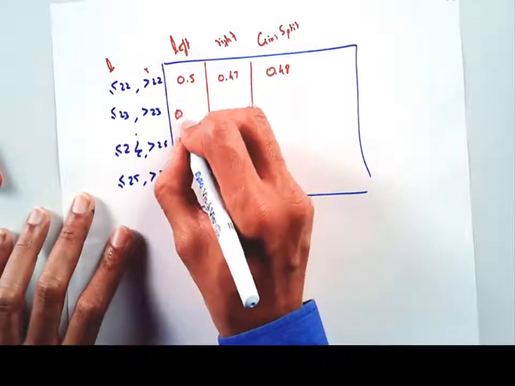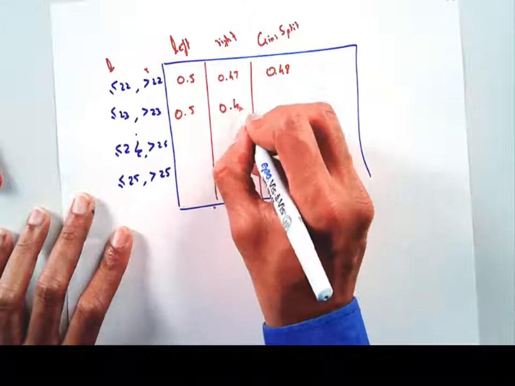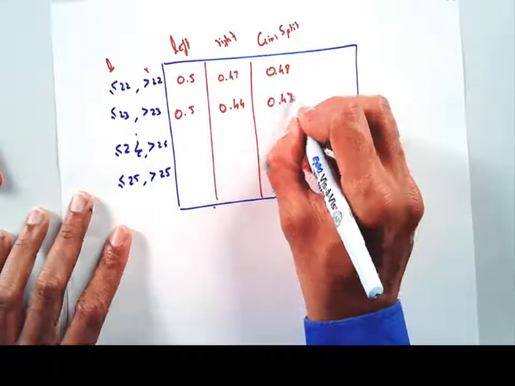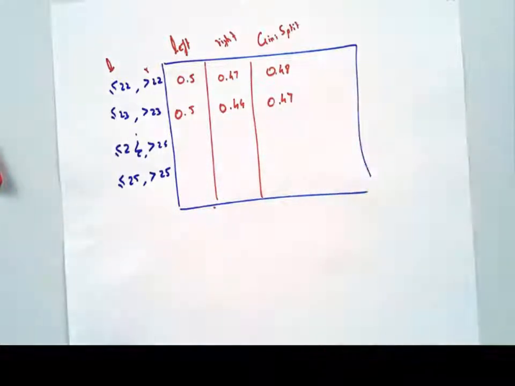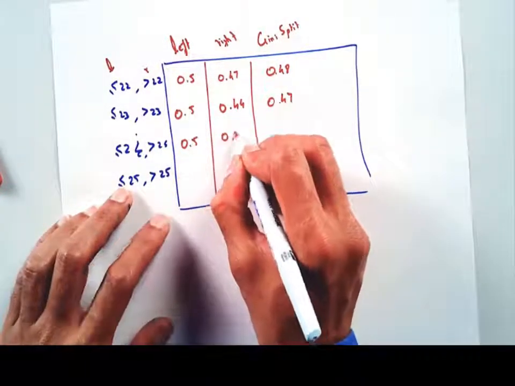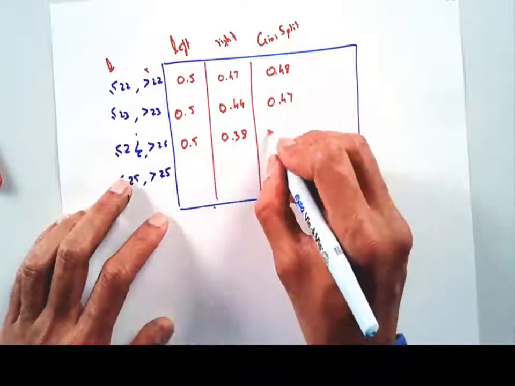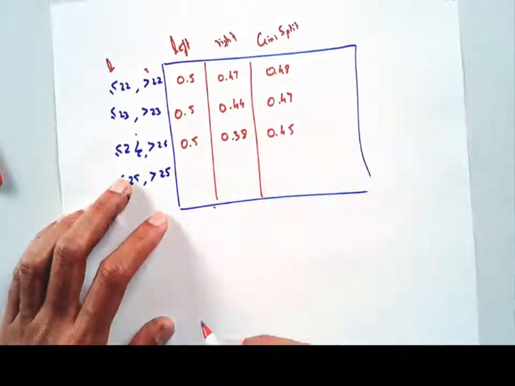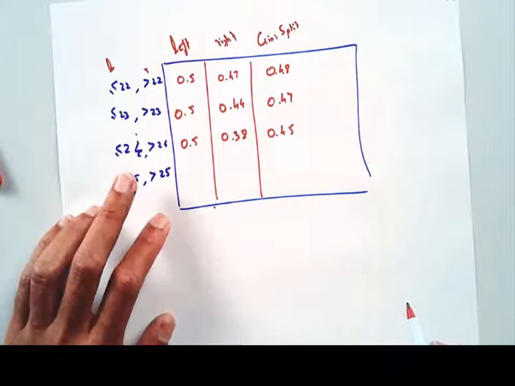The second one is 0.5, 0.44, 0.47, a little bit of gain, but still not as good as even your male versus female split. The third one is 0.5 and 0.38, and again 0.45, equal to that of a male versus female split.